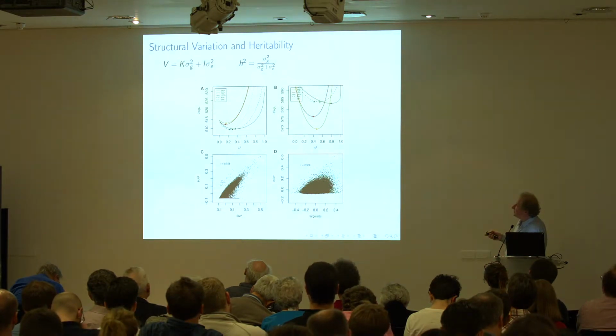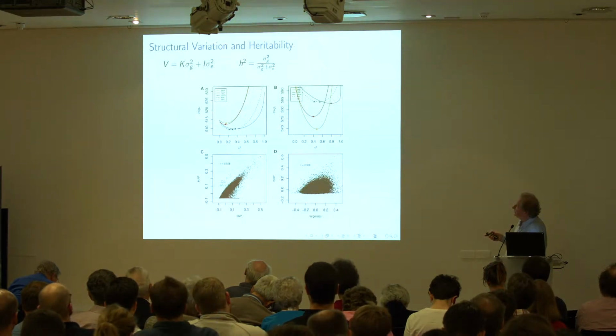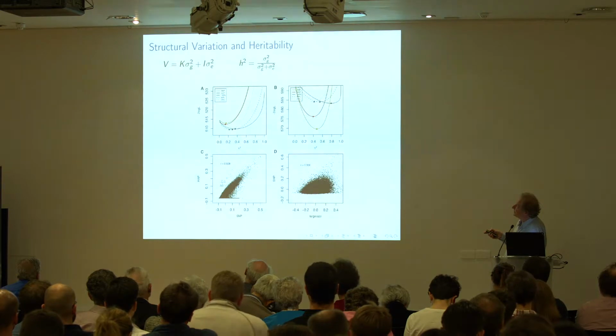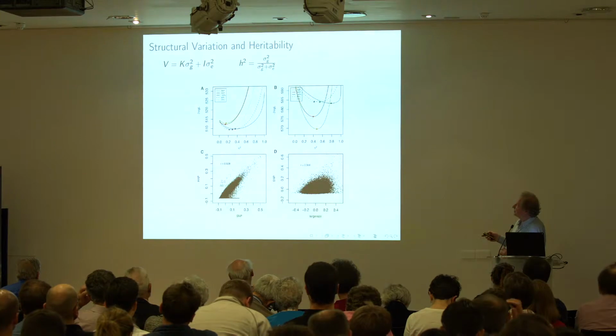estimates for heritability. Now, I'm plotting here the likelihood curves, rather the negative log likelihoods, for both SNP and haplotype-based kinships, and then a variety of different structural variant-based kinships.